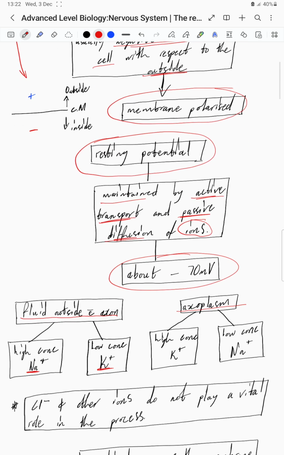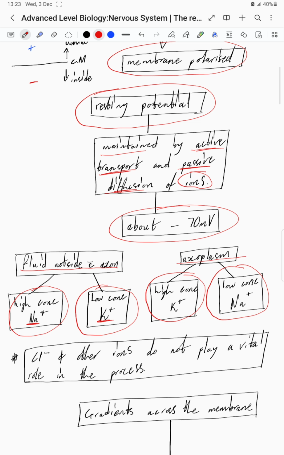So we have got a high concentration of sodium ions on the outside and low concentration of potassium ions on the outside. We have high concentration of potassium ions on the inside of the neurons, and we've got low concentration of sodium ions on the inside of the neuron, which is the axoplasm.